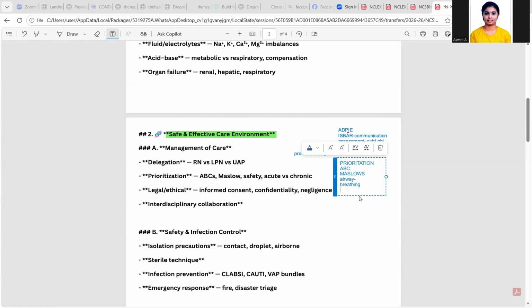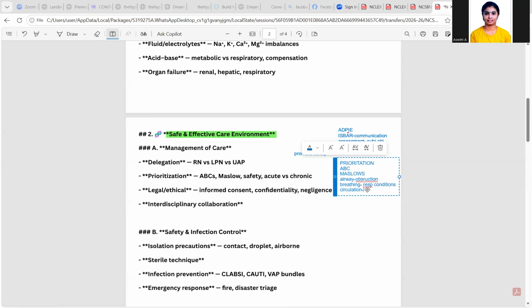Third one is circulation. Can you tell me an example of when circulation becomes the priority? Bleeding, burns. In such cases, circulation will be the priority, when breathing is not affected, mainly in respiratory conditions.